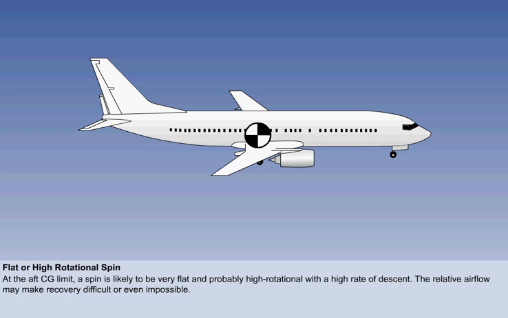A flat spin is characterized by a near-level pitch and roll attitude, with the spin axis close to the CG. Although the height lost in each turn of the spin may thus be less than in a normal spin, the very high yaw rate, often more than 1 turn per second, results in a high rate of descent.